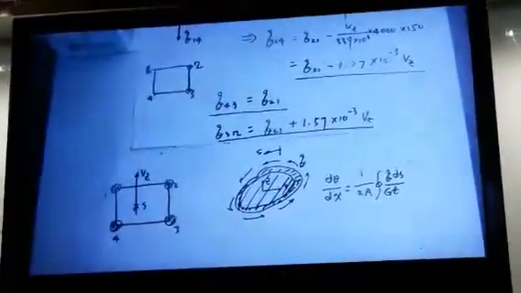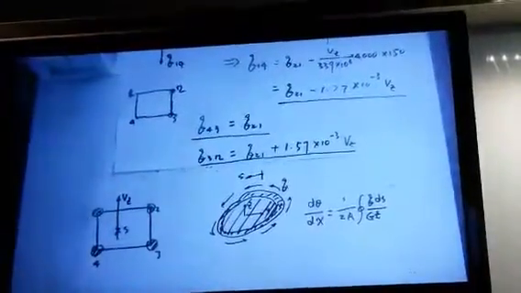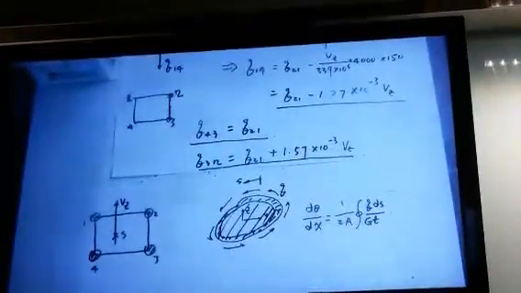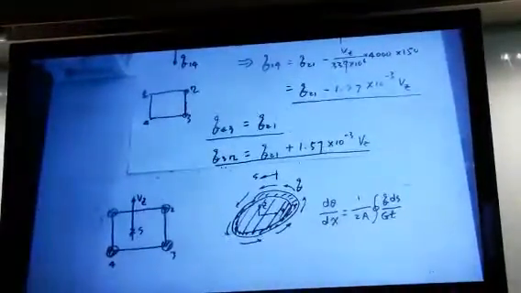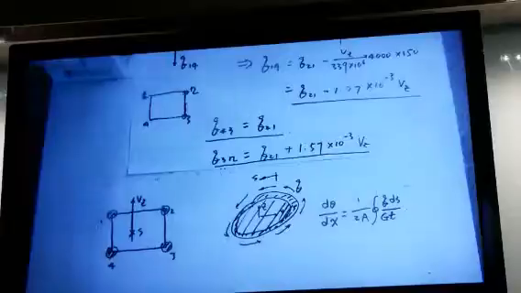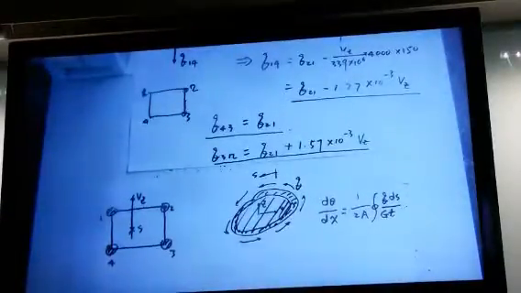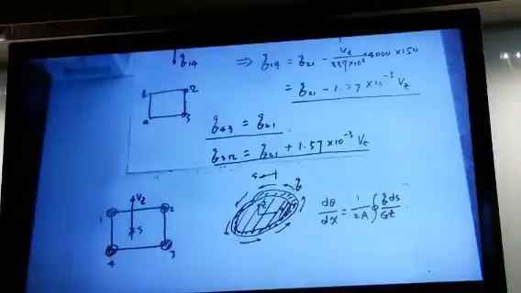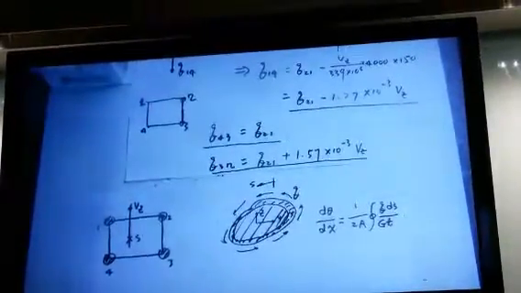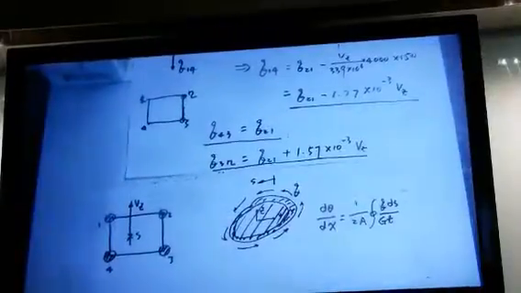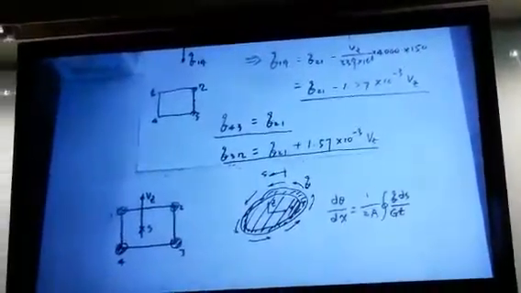So along this hoop direction, thickness t could be different, right? Some points are thicker, some points are thinner. That is why we cannot take t out of this integration. And sometimes G is not constant either. At this point maybe the shear modulus is larger, at this point the shear modulus may be smaller. If you come back to this very special shape, this is a rectangular shape.